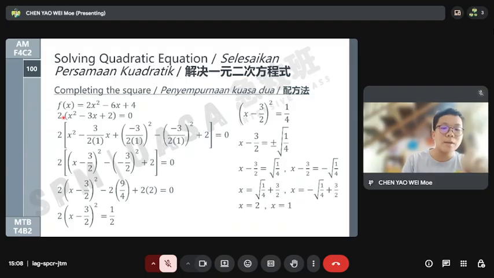Our first step can be done like this, or you can just divide it. These are two different steps, but they will bring you the same answer.